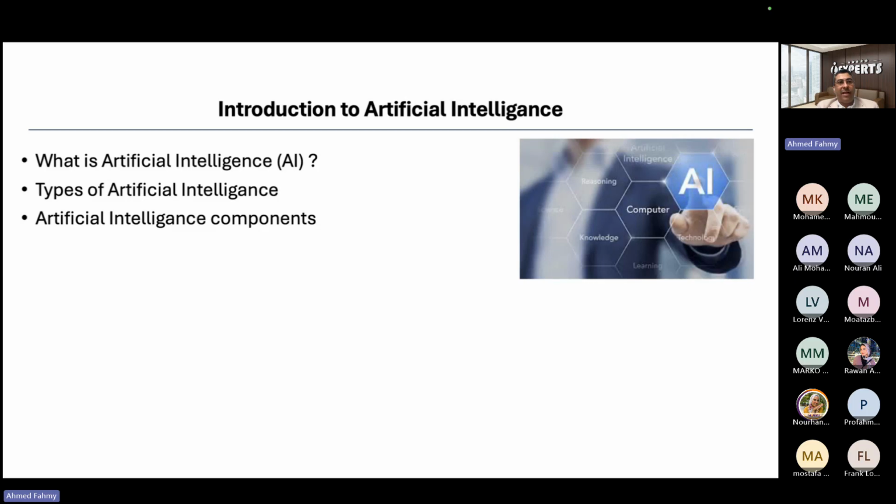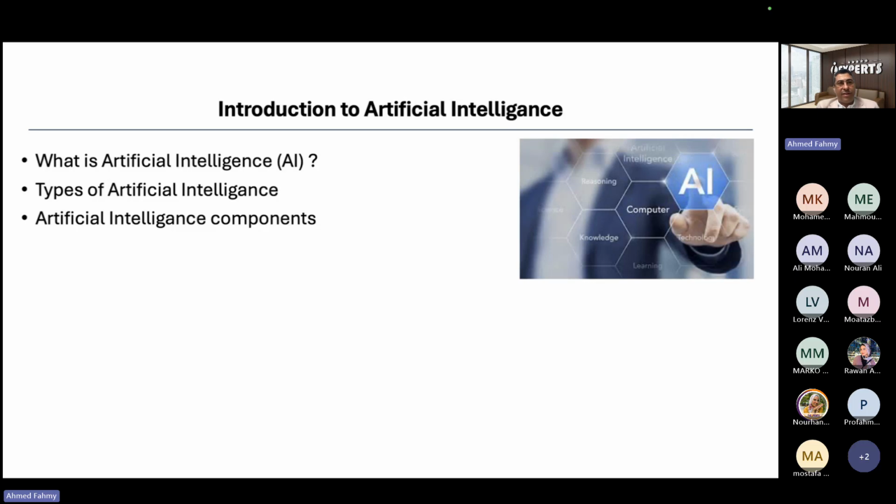As a human, you can naturally take a decision for whatever actions and situations you face during your life, and you have the ability to learn. These are the main characteristics of human intelligence. So if we develop software that has the ability to mimic human intelligence, this is exactly what we call artificial intelligence, okay?